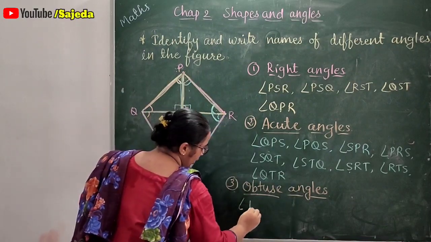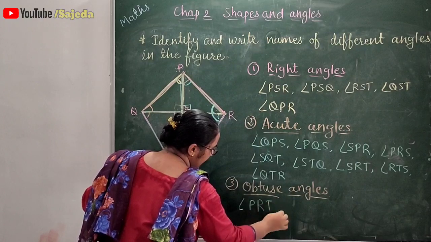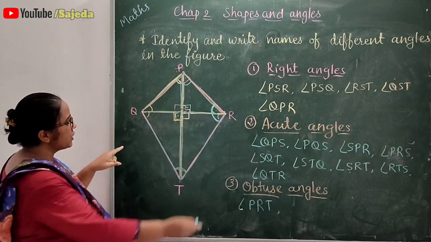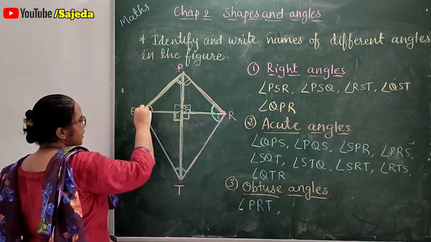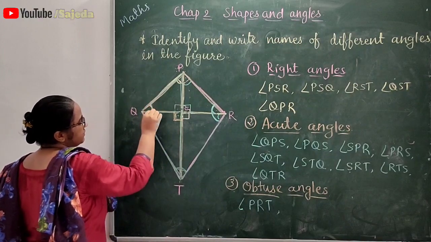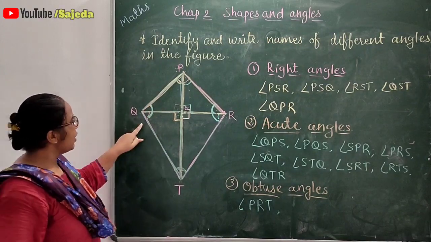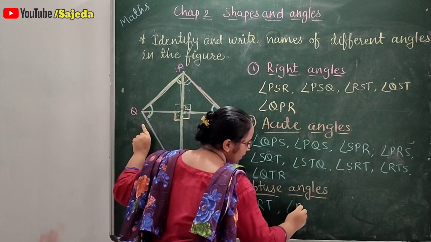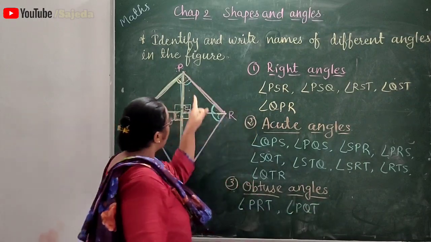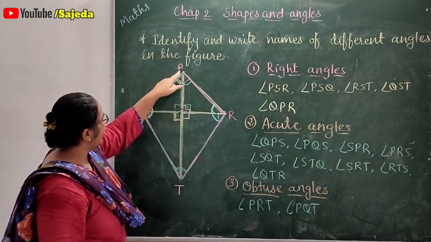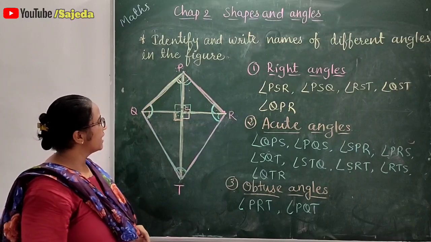So the first obtuse angle is PRT. And the next, opposite to it, PQT. This one is an obtuse angle. So there are only two obtuse angles, PRT and PQT.